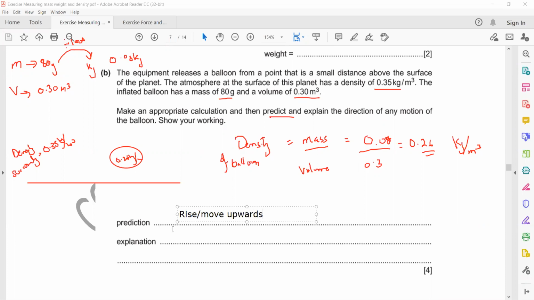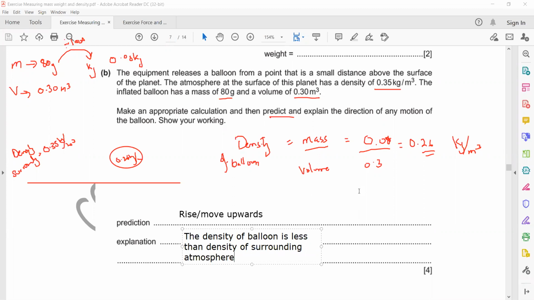And what is the reason for that? Because the density of the balloon is less than the density of the surrounding atmosphere.